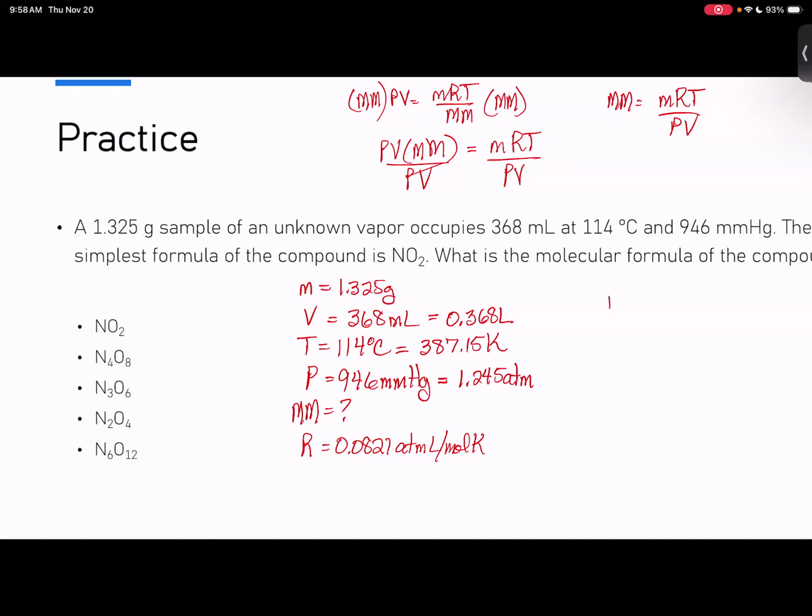Now, using our equation, molar mass is equal to the mass, 1.325 grams, times R, 0.0821 atmosphere liters per mole Kelvin, times temperature of 387.15 Kelvin, all divided by the pressure, 1.245 atmospheres, times the volume of 0.368 liters.